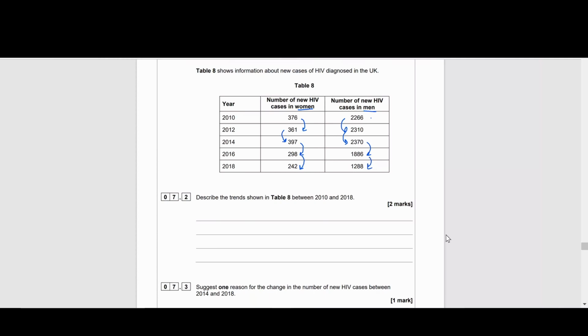So if we want to put this into words now, for women, the cases decrease, then increase, and decrease, which is fluctuating.